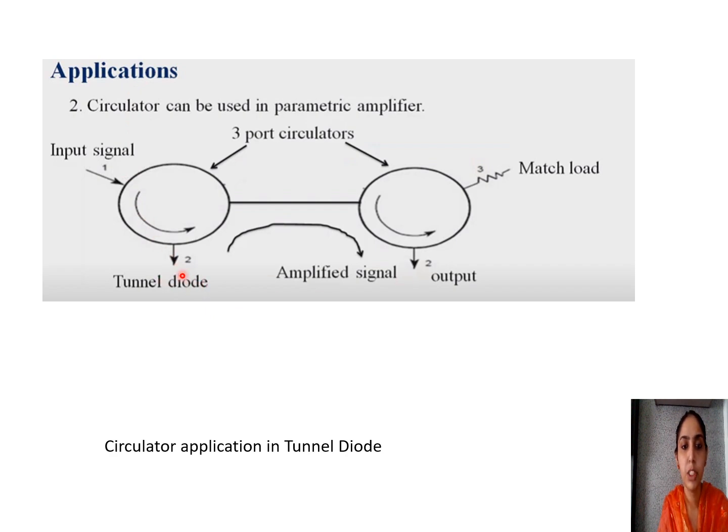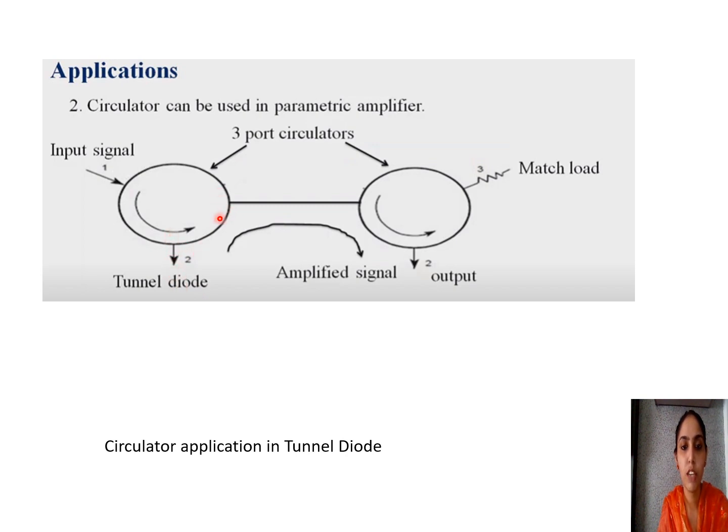In the example, 2 circulators are used, each having 3 ports. The input signal which is to be amplified is applied to port 1 of the first circulator. Obviously the signal will emerge from port 1 to 2, where we are connecting our tunnel diode, and there is transmission from port 2 to port 3.